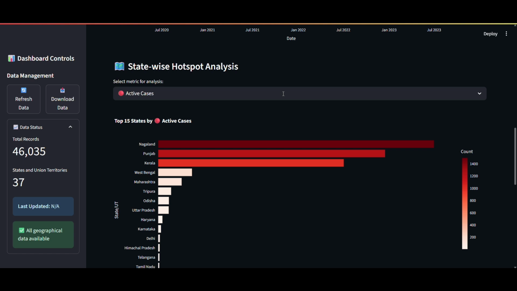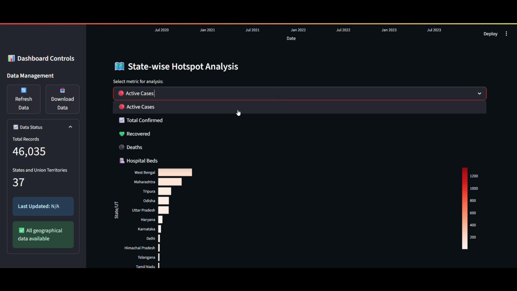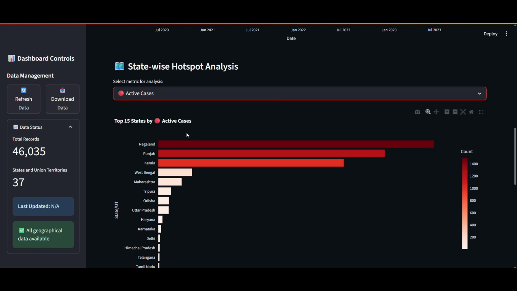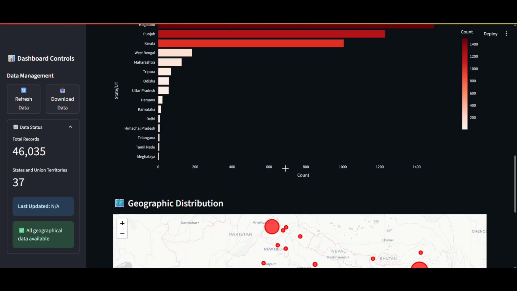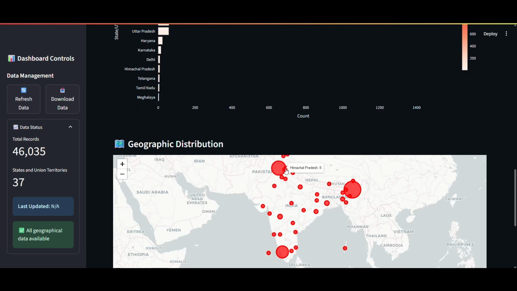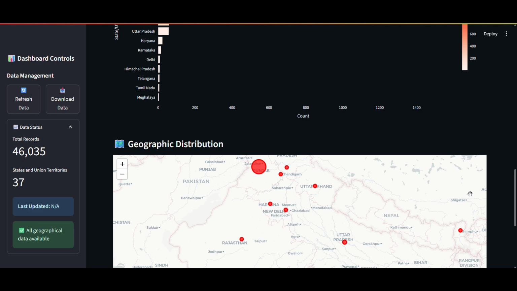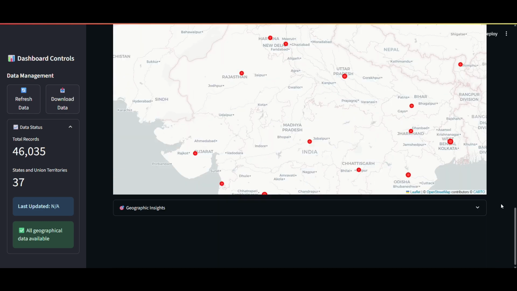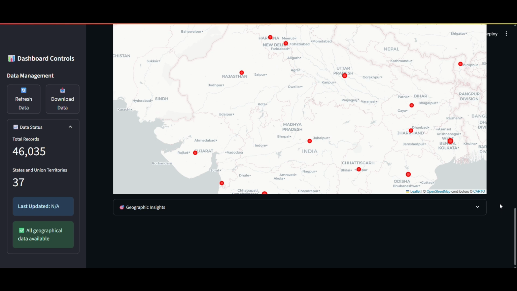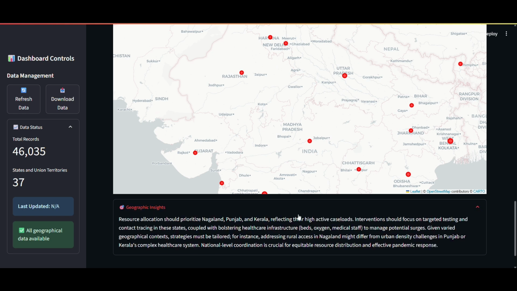I am selecting here the active cases of various states, and the system generates a geographical distribution of these cases, helping us to identify real-time hotspots that require immediate attention. And here it gives us the summary of the interventions that have to be focused on for testing and tracking the data.